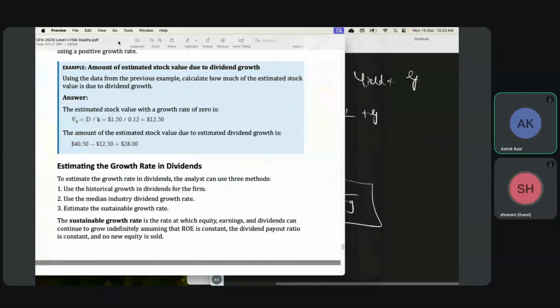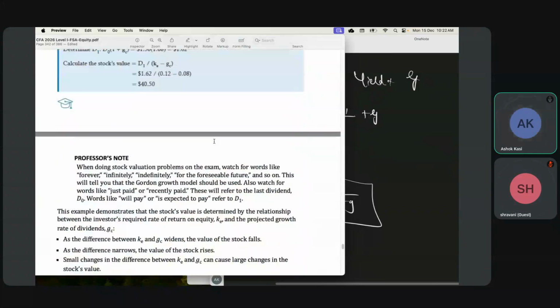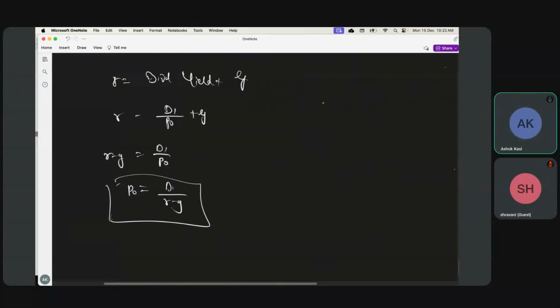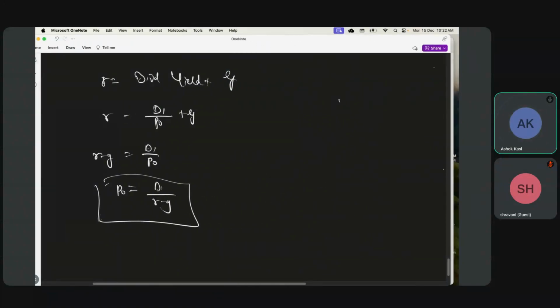Now this is the continuation. Out of this amount, what was the amount? The amount was 40.50. So how much of 40.50 is because of dividend growth? You have to do it like this: no growth and then with growth.